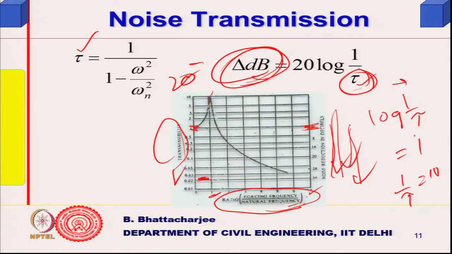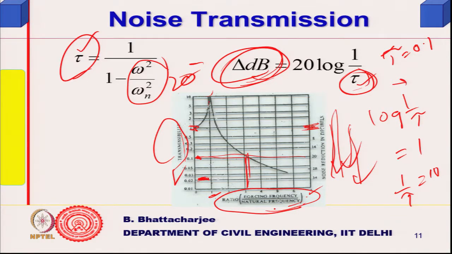Antilog of 1 is 10. So, 1 by tau is equal to 10, that means tau is equal to 0.1. And for tau equal to 0.1, you can find this ratio either from this curve or straight away, and for 20 dB the ratio should be 3.